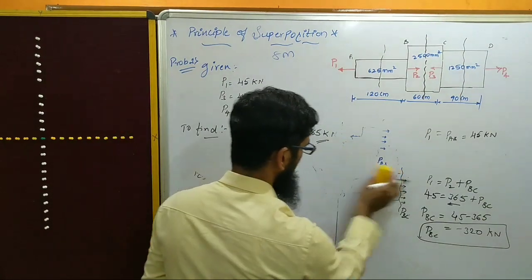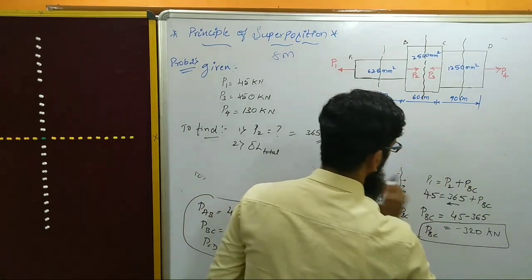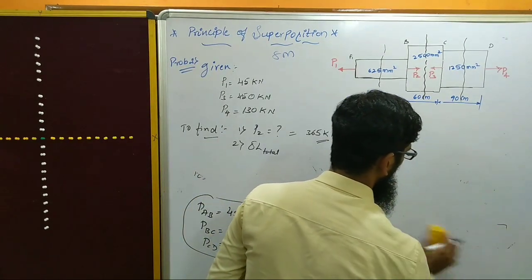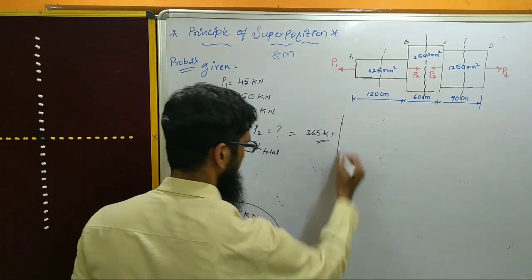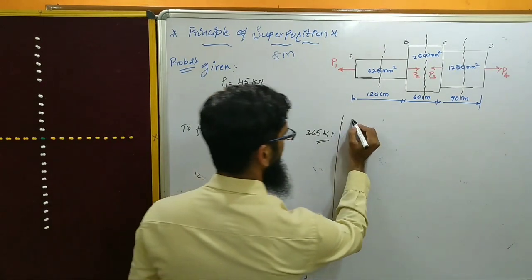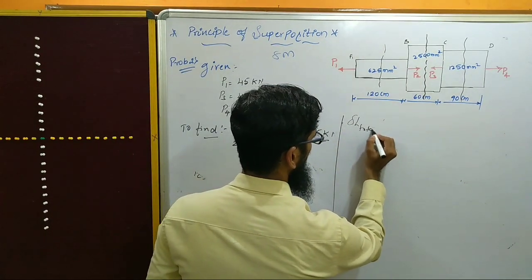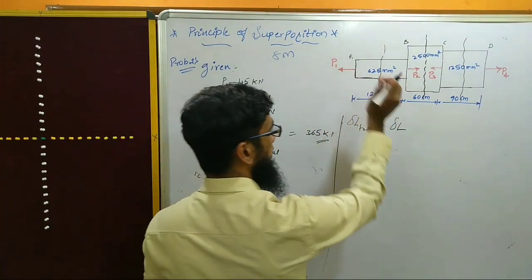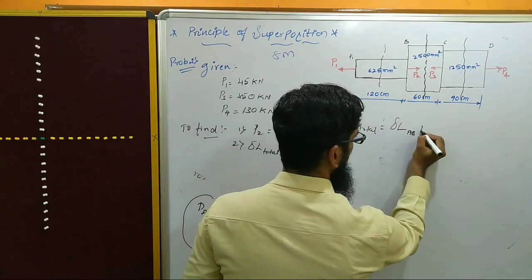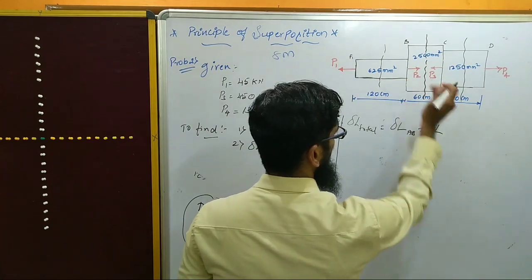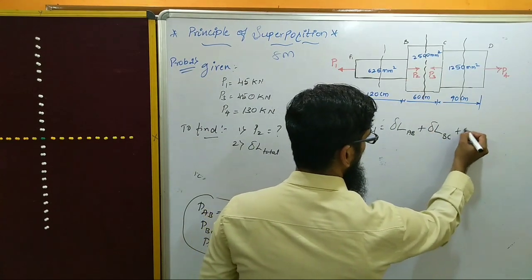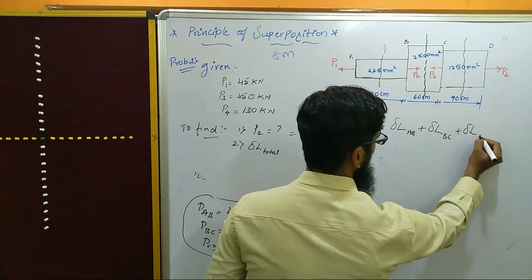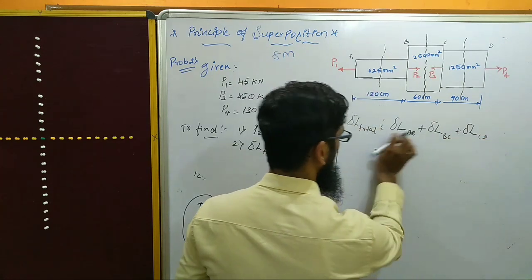So how to calculate the total change in length? We know that the total change in length is given by delta L for the member AB plus delta L for the member BC, plus delta L for the member CD.